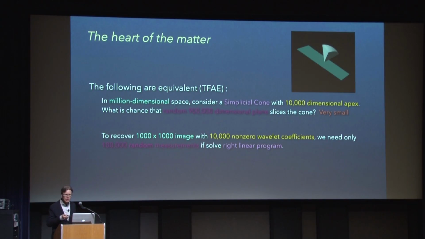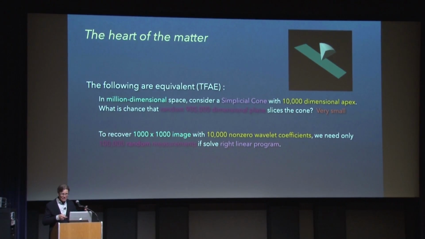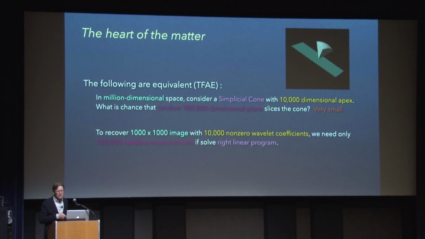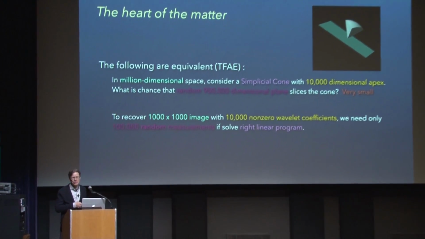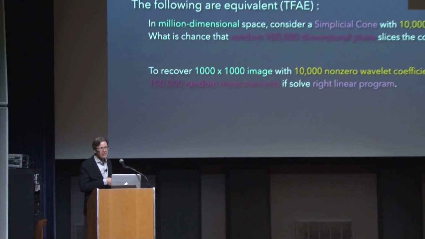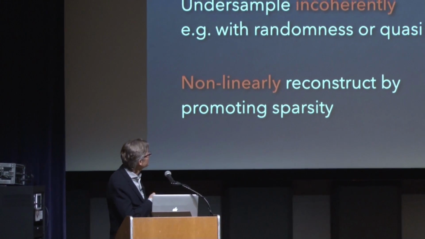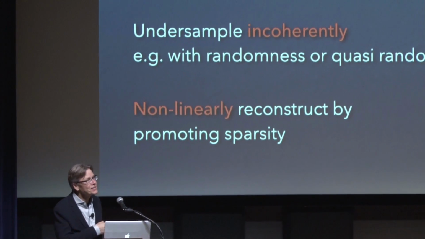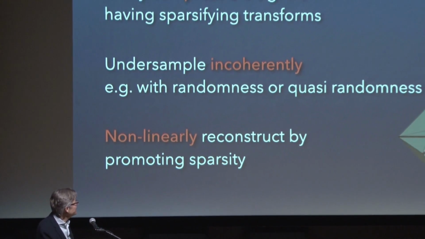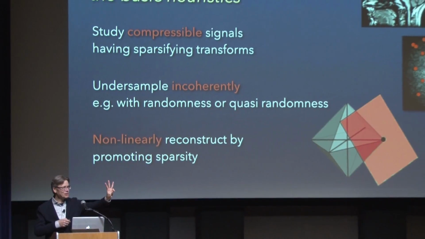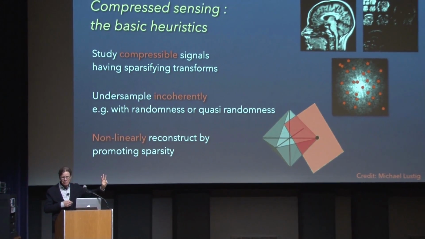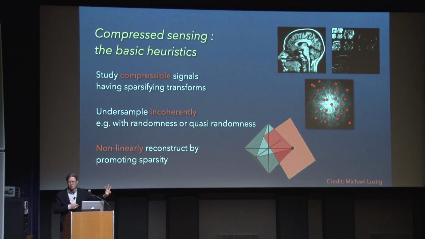So Michael Lustig, when he was a grad student, I remember we had conversations about this, and one of the great things that he did, among many, was develop a communications strategy for explaining this to scientists in his area. And so I'll call them here the basic heuristics. The idea was, tell the scientists there are 3 things they need, and this mimics some of the assumptions that are in the basic theorems.